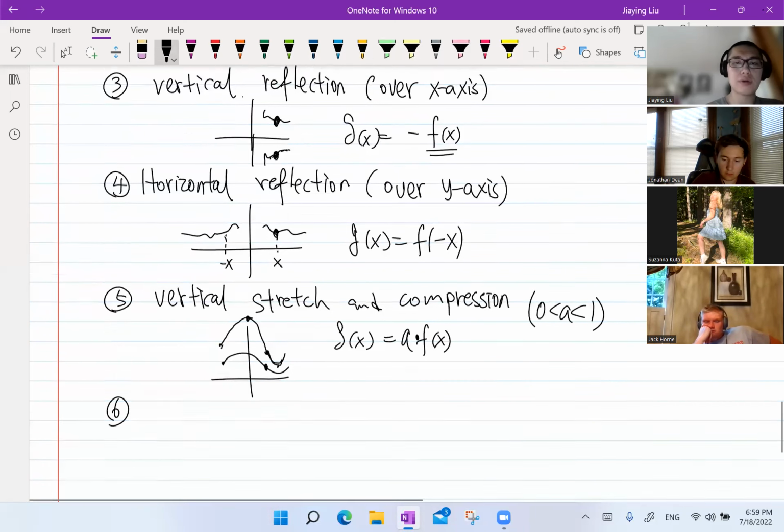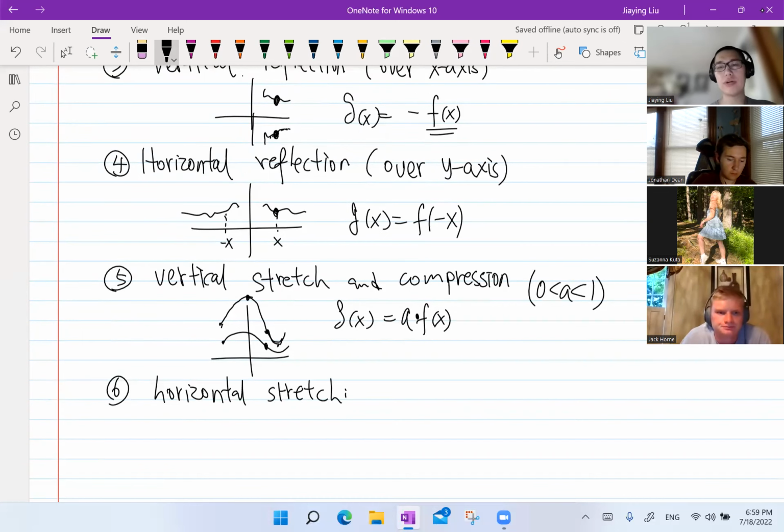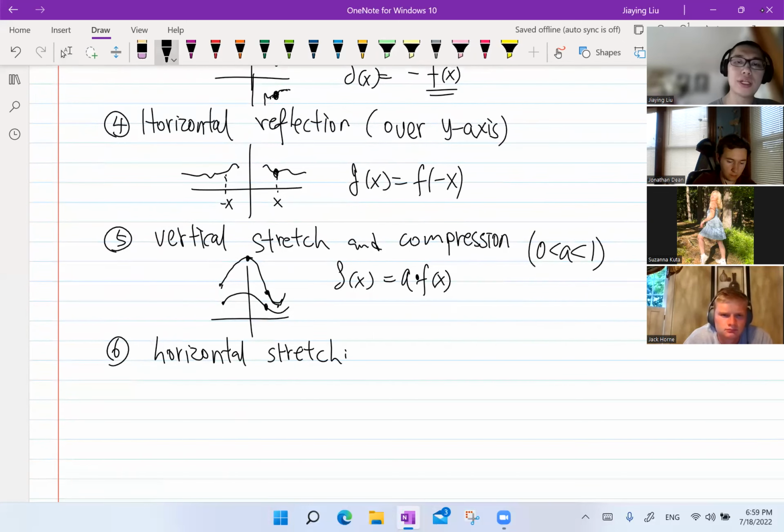Next, we're going to talk about horizontal stretch. Now we have to be a little bit more careful when we talk about horizontal stretch. Let's say we stretch horizontally by b units.